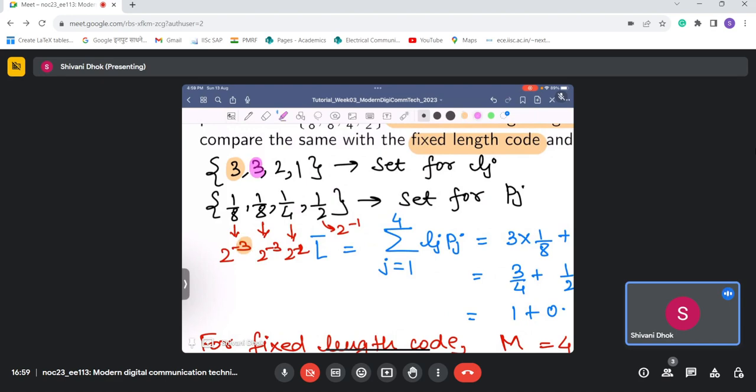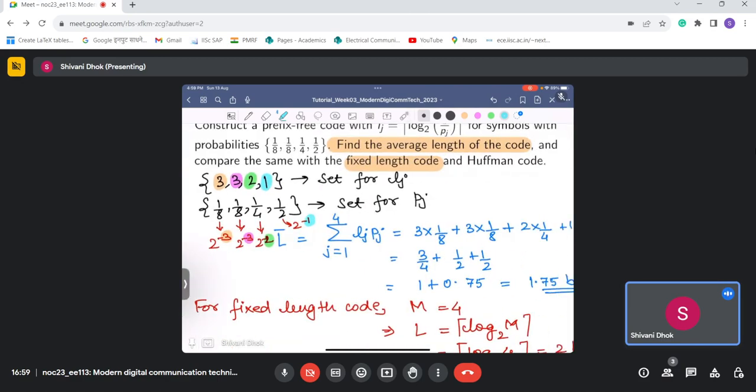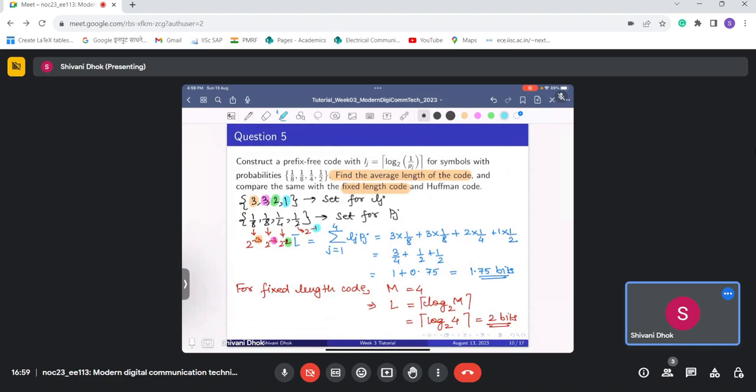Similarly, I have this 2 and this 2, and I have this 1 and this 1. So if the probabilities are of the form 2 to the power minus k, where this k is some positive integer, then in that situation the length will be simply k. This is what we are getting here.